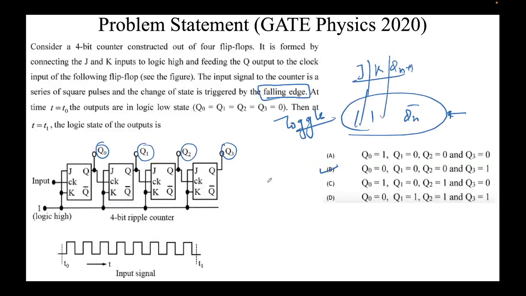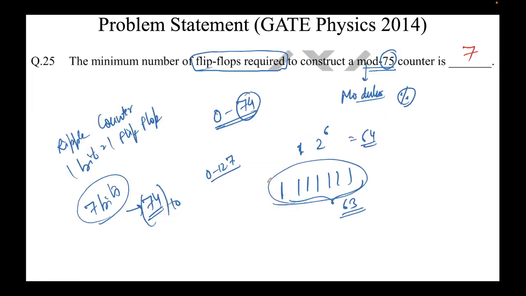Okay. So then we saw the flip-flops required. This is simply nothing but your decimal to binary conversion. You simply convert whatever the mod is. So we need 0 to 74, right? So you convert 74 into a binary number, which is represented by 7 bits, because 63 is the maximum 6-bit number.